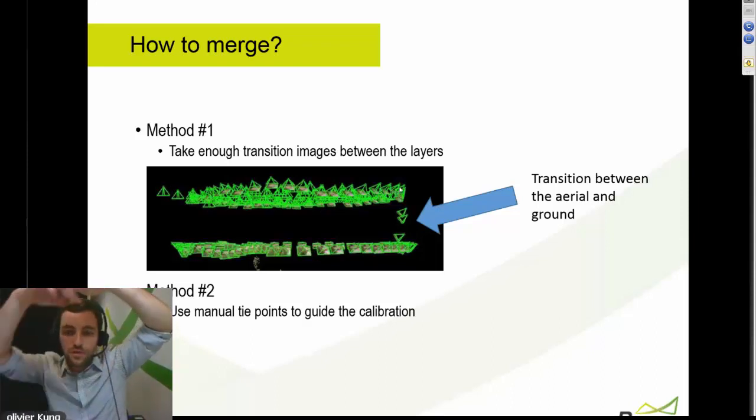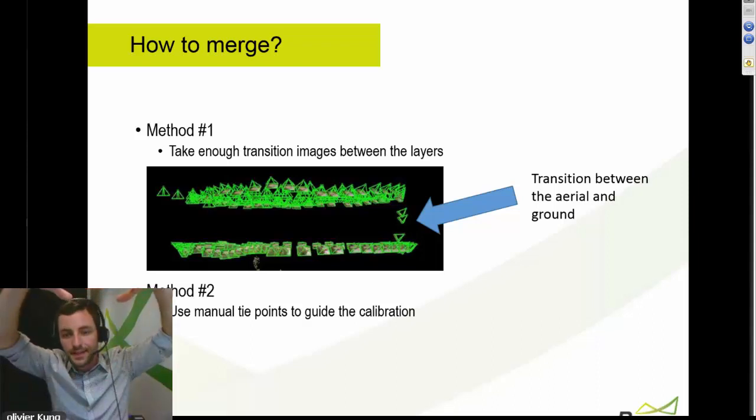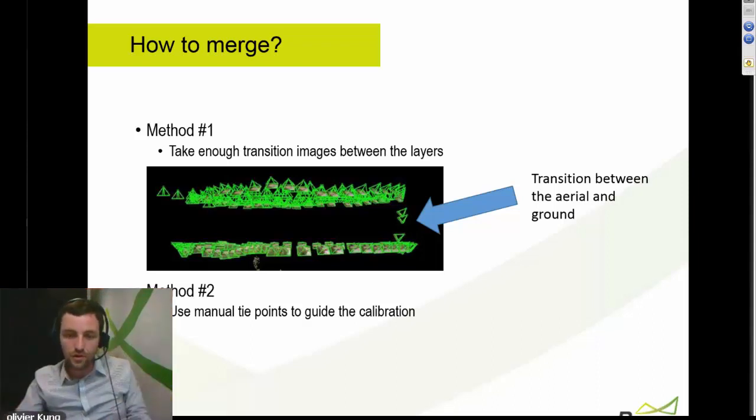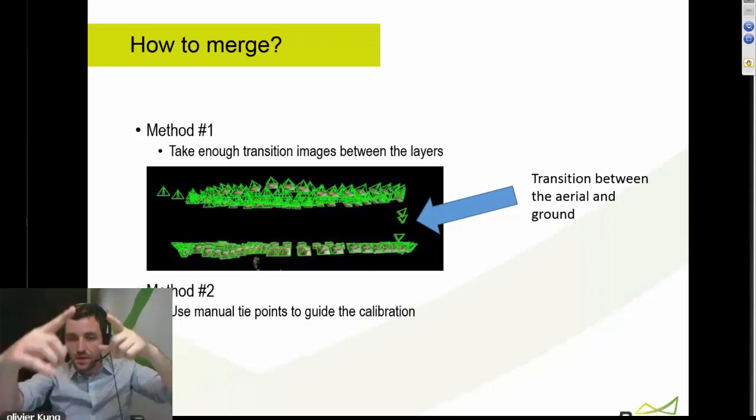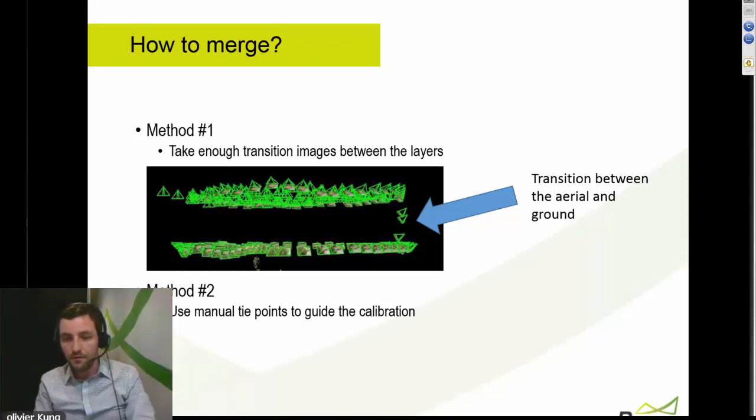And then to slowly take transition pictures between the full Nadir data set and the ground data set that you would see in this other set of pictures there. So basically, it's really to take images which do the transition, which have a lot of visual content which matches between the two different sets of pictures.